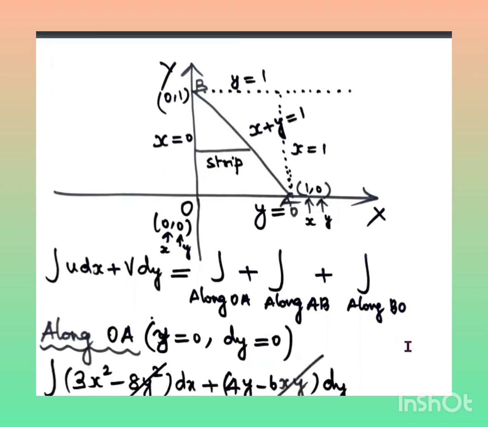So first one, along OA. What is the equation of OA on the x-axis? y is equal to 0. So y equal to 0 means, differentiating, dy is equal to 0.